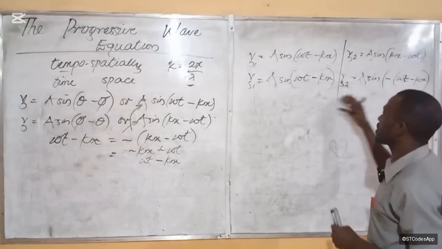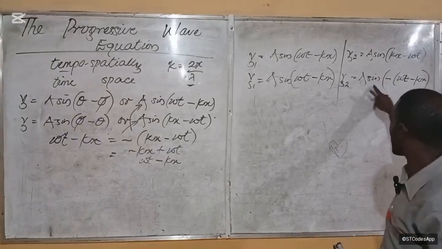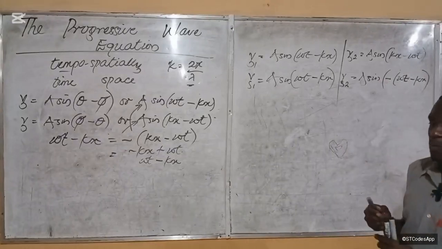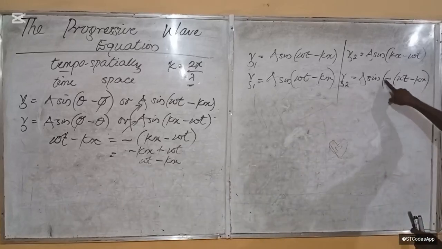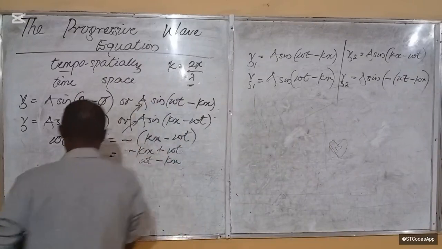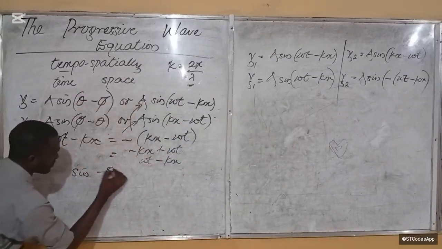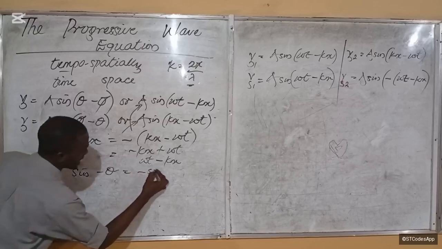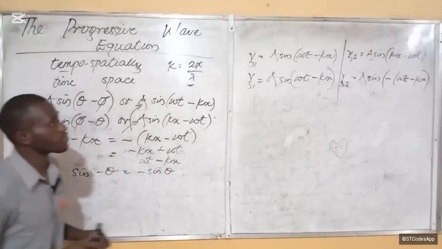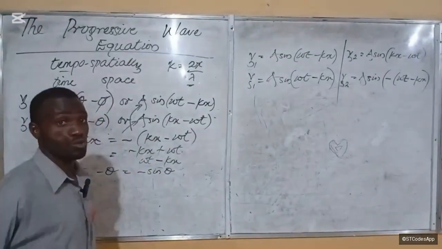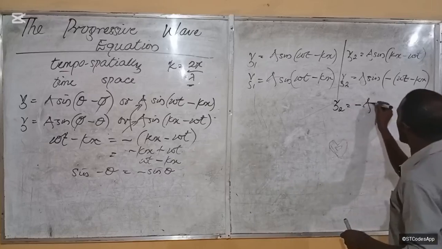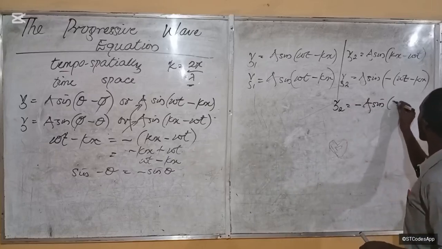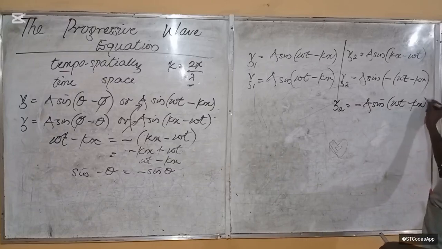Okay, so what do we now mean by y1 and y2? Why are they different? What is this minus sign for? If I bring this minus out from here, from what I proved to you, that the sine of negative theta is the same as negative sine of theta, if this is true, then you agree with me that y2 can be rewritten as minus A sine of omega t minus kx.